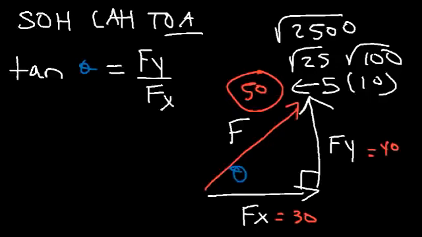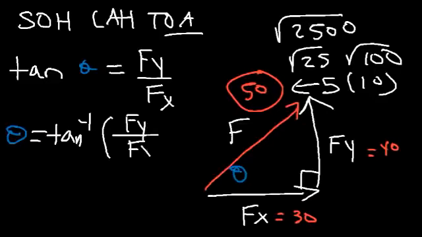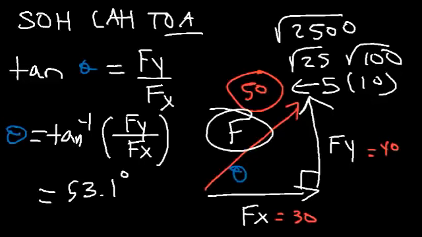So theta is equal to the inverse tangent of Fy divided by Fx. So inverse tangent of 40 divided by 30 is about 53.1 degrees. So that is the direction of the force vector F.